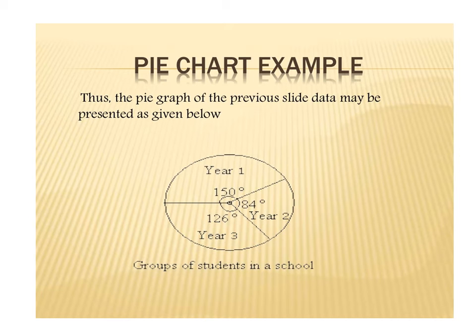For year 1, we draw the angle of 150 degrees, for year 2 we draw the angle of 84 degrees, and for year 3 we draw the angle of 126 degrees. So these are the groups of students in a school which we locate in a circle, or we say this is a pie chart.